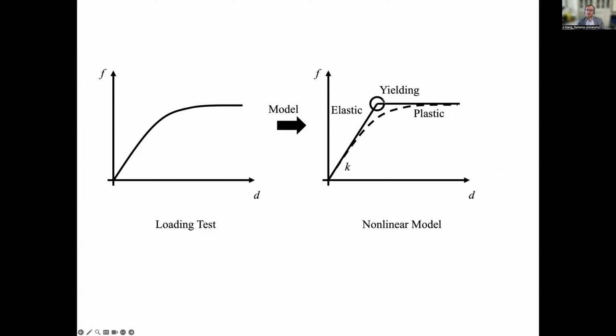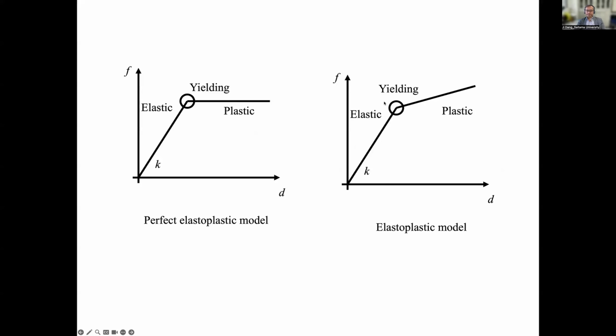After the yielding, we can use no gradient, 0 stiffness, where they keep the plastic yielding force there, or we can have some gradient. We call this region the elastic domain, and here is the plastic domain. The boundary is the yielding point. In this case, after yielding, the relationship of D and F is a horizontal line. Force no longer increases, right?